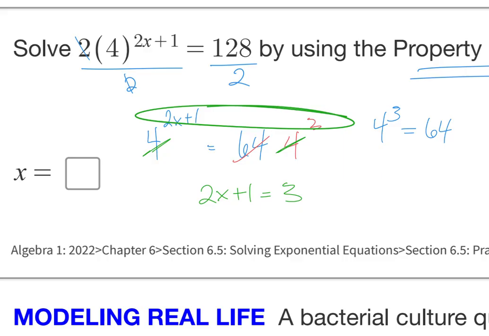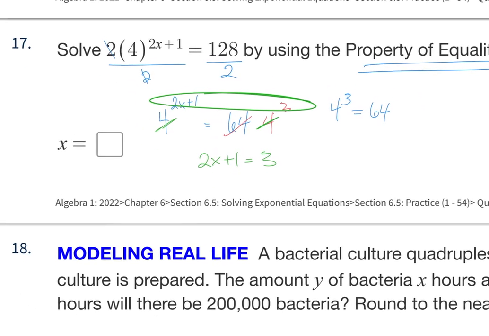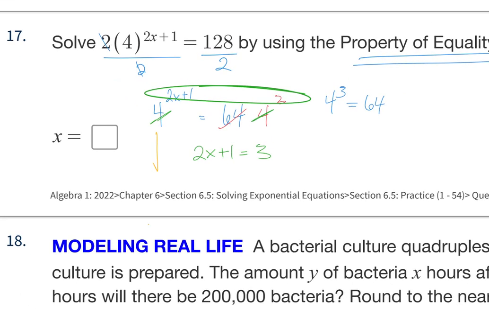And I kind of stumbled over my words, saying, does the base have to be a 2? Here's how that would have differed. This would have become 2 squared raised to the 2x plus 1 power, and the right side would have become 2 to the 6th, since 4 to the 3rd is 64 and 2 to the 6th is 64.